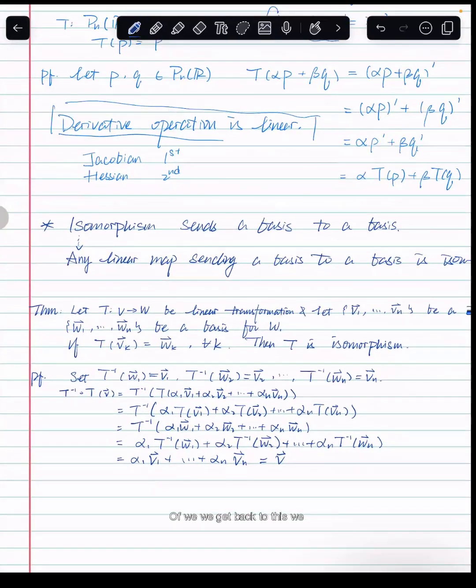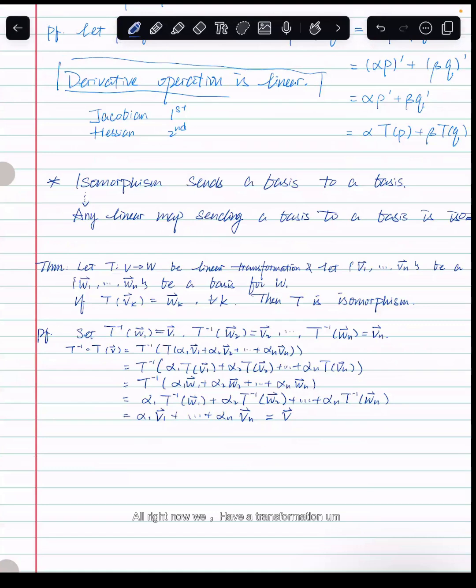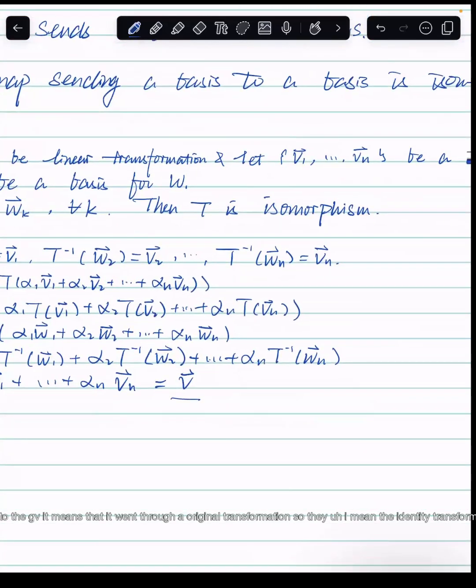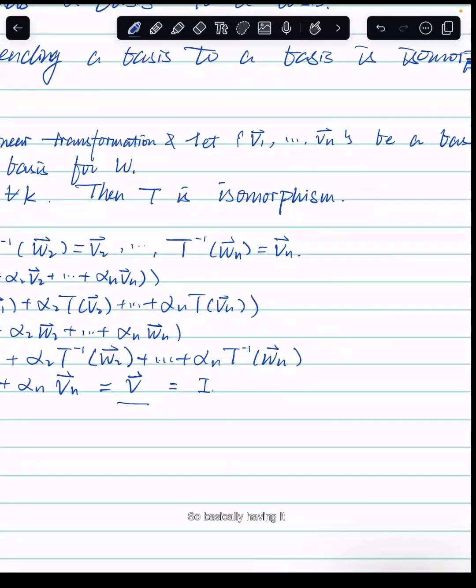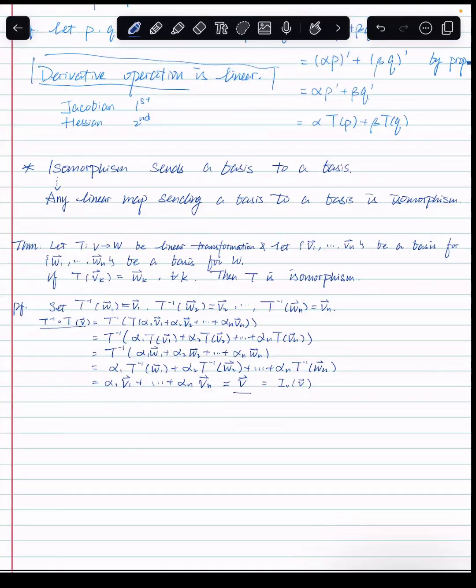All right, now we apply the transformations to V and we get back this V. Having it back to the original V means it went through the identity transformation. Now we've proved that the composition of these two transformations is the identity transformation.